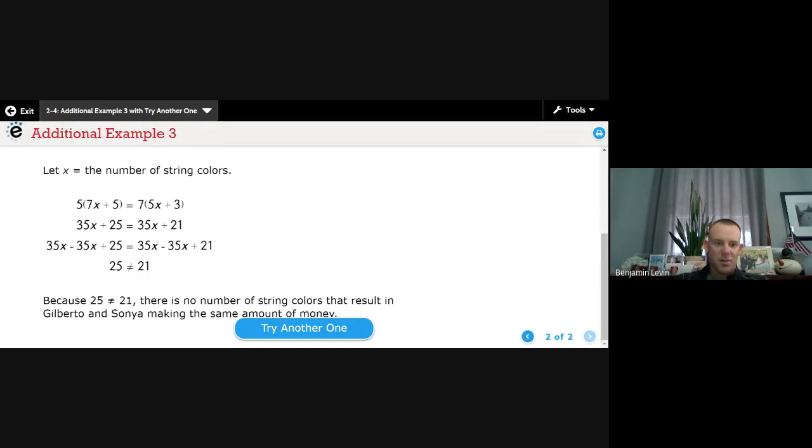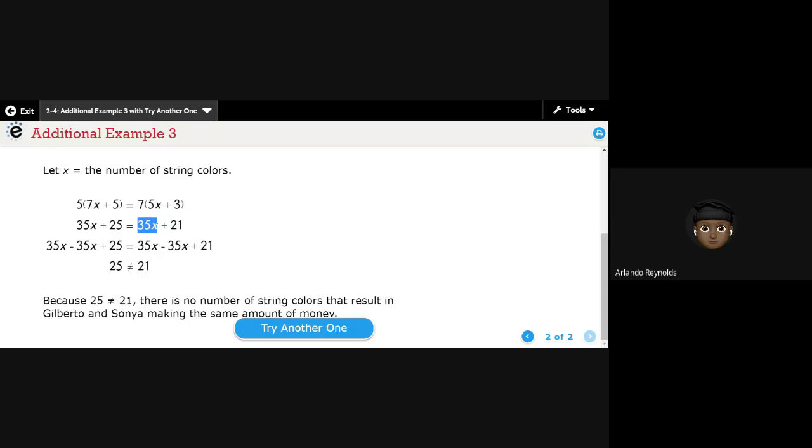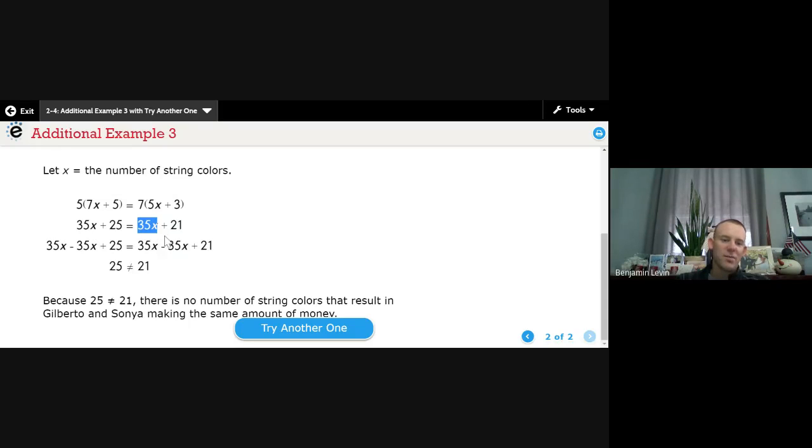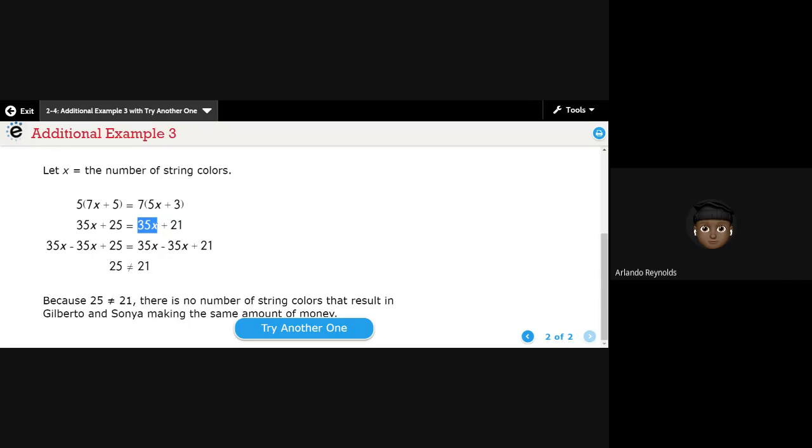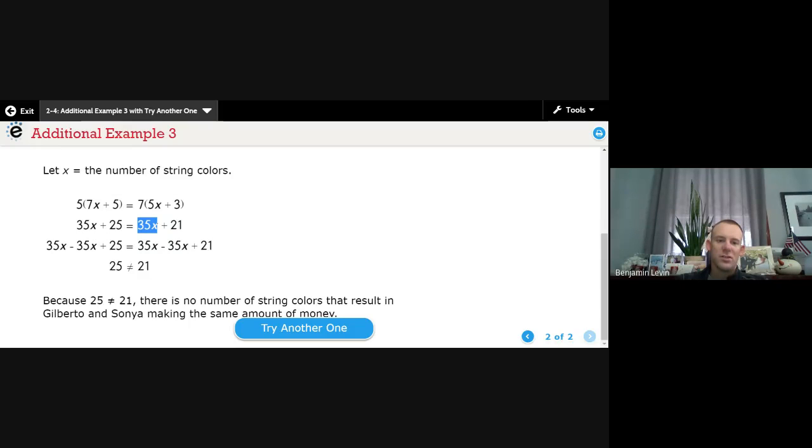So we had to distribute. 5 times 7 is 35, right? 5 times 5 is 25. And then 5 times 7 is 35, and 7 times 3 is 21. So you end up with the same amount of x's on both sides. So you know there's going to be either infinite or no solutions.